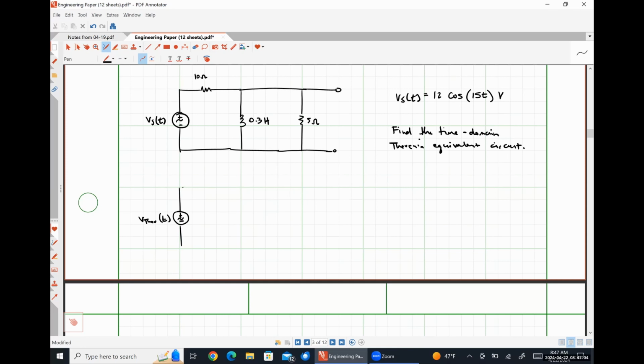So I am going to posit that we should probably have some resistance R-Thev in series with some inductance L-Thev.